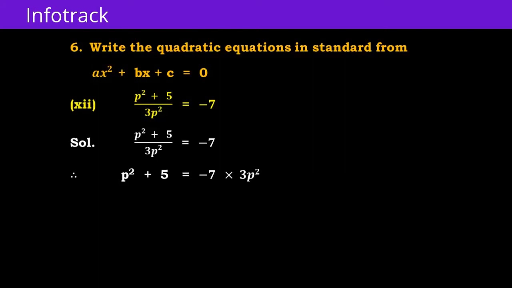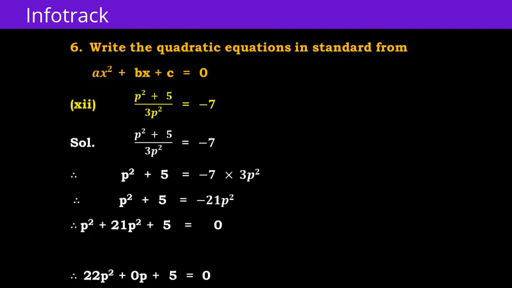It gives you minus 21p square. Minus 21p square, when it comes to the LHS, will become plus. So p square plus 21p square plus 5 is equal to 0. Now 21 plus 1 is 22p square. Now the middle term we can write as 0p. So 22p square plus 0p plus 5 is equal to 0. So this is the standard form of the quadratic equation, that is ax square plus bx plus c is equal to 0.